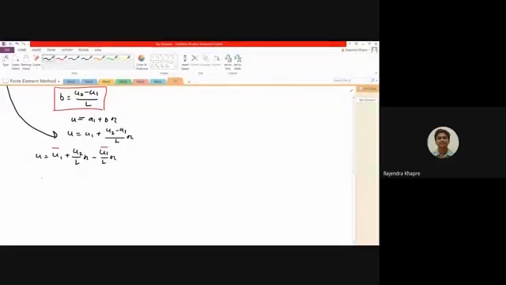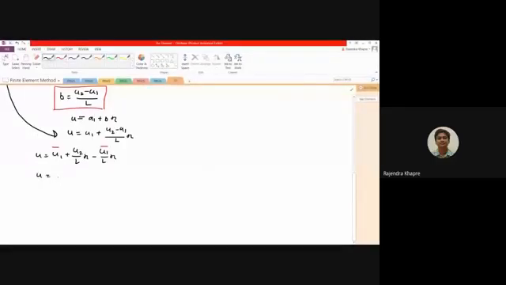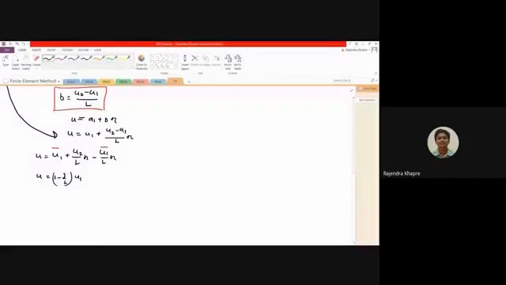In that particular case, u will become 1 minus, and I think this should be x, not L, this should be x, into u1.